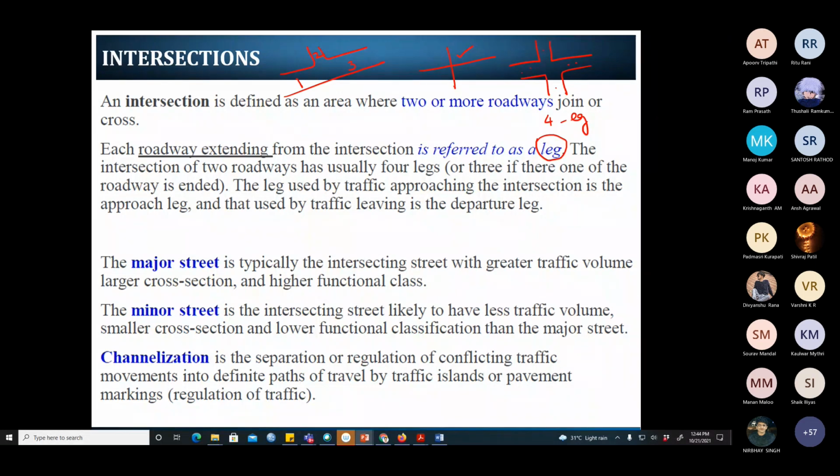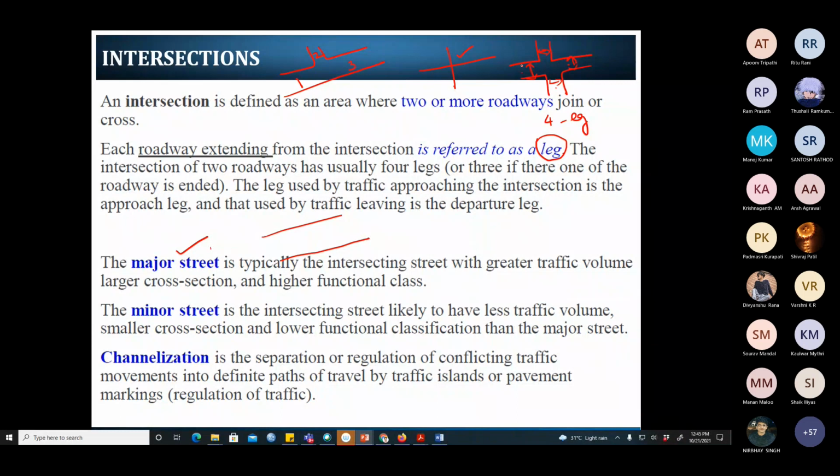Other than that, what are the components we can define? First, the major road. When the width is larger and the volume is more on one of these two roads, that is defined as the major road with respect to the width. The width might be three lane or four lane divided, and the small road which is joining at the point is defined as a minor road.